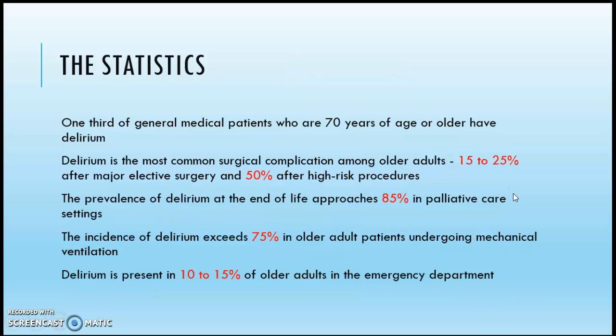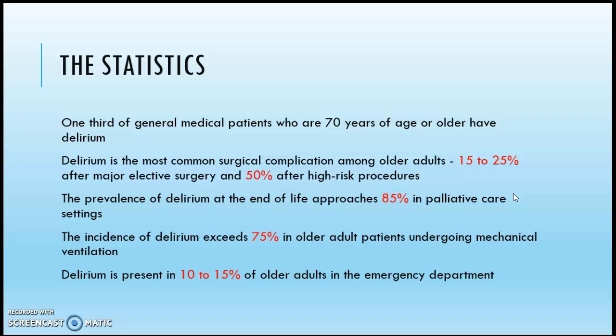The statistics. One third of general medical patients who are 70 years of age or older have delirium. Delirium is the most common surgical complication among older adults: 15 to 25% after major elective surgery and 50% after high-risk procedures.